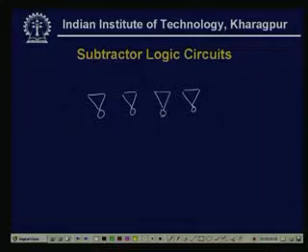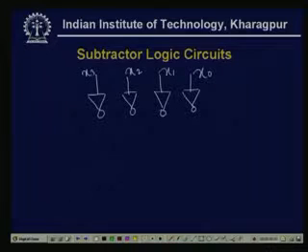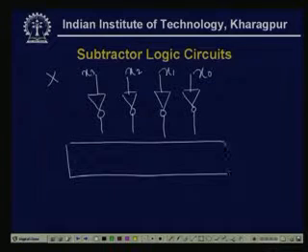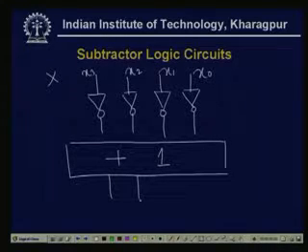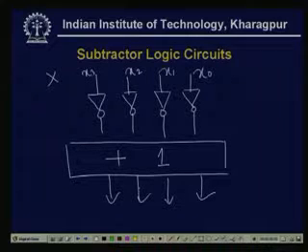So there will be 4 inputs, say x3, x2, x1, x0, that x is the input, then plus 1 is added, and it represents the 2's complement of x.